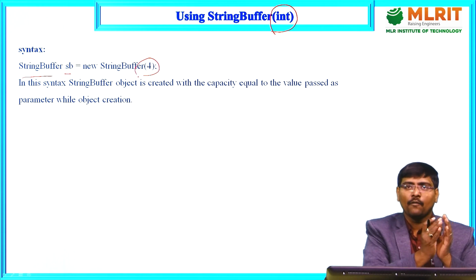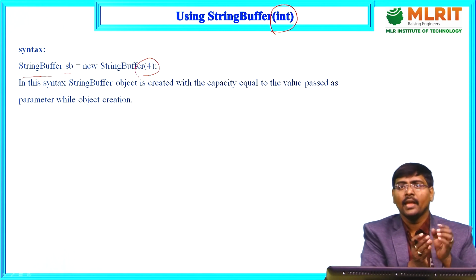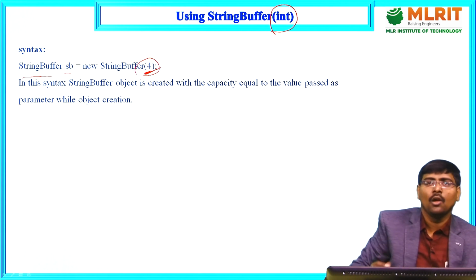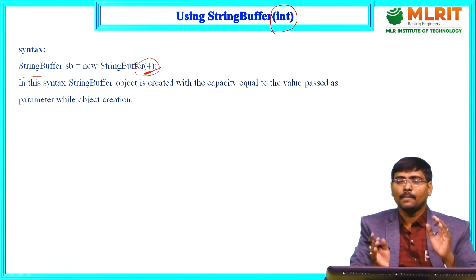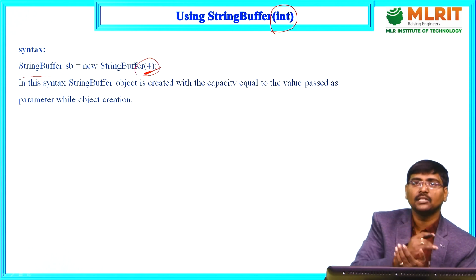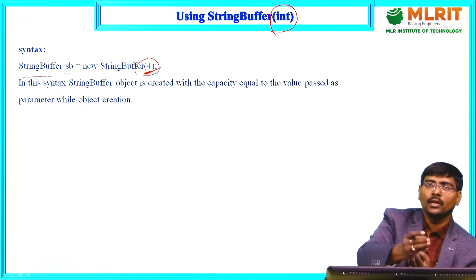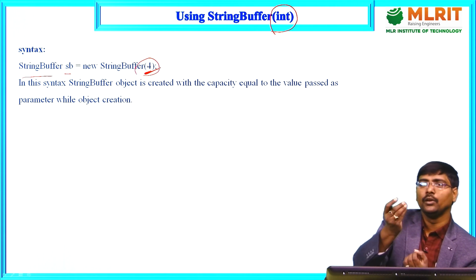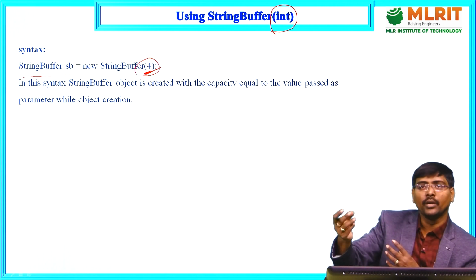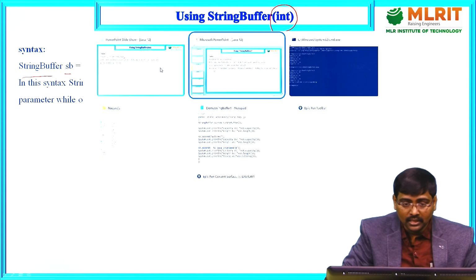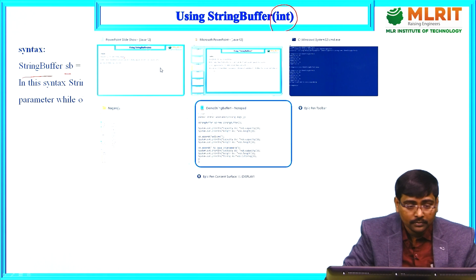Similarly, a buffer object is created with whatever capacity value I passed. Anyway, if your string crosses 4, next what is the capacity? 4 into 2, 8 plus 2, 10. Next 22, next 46, like that. Now I will show you the same thing with an example.